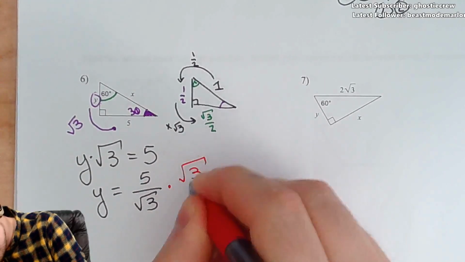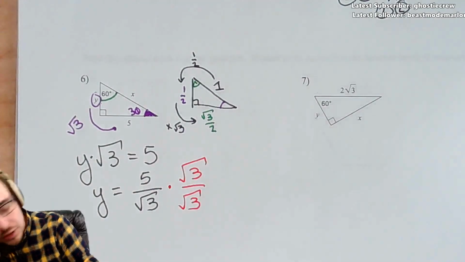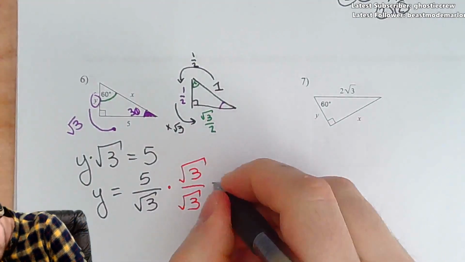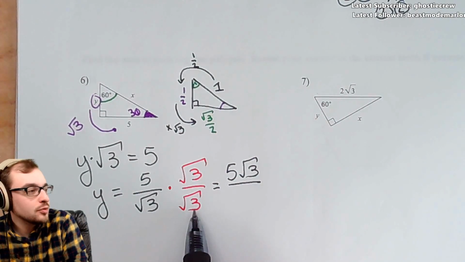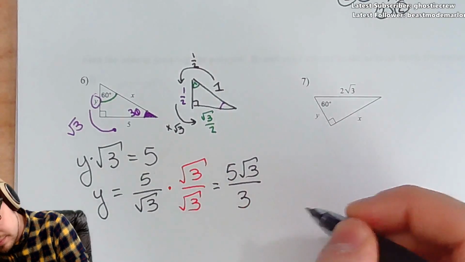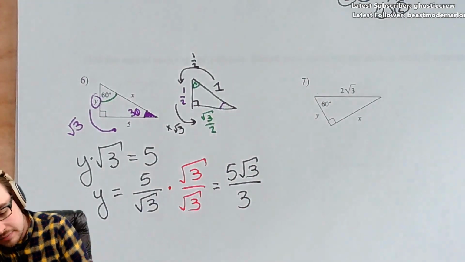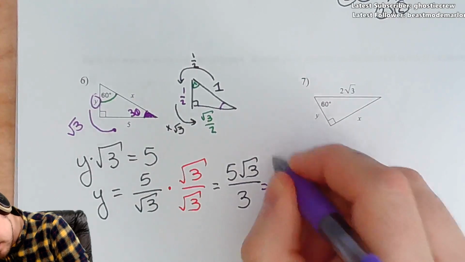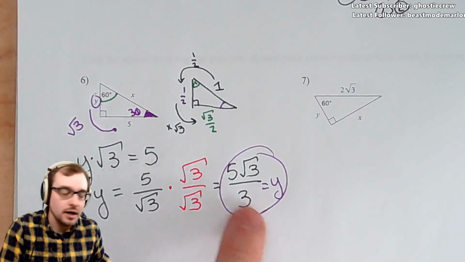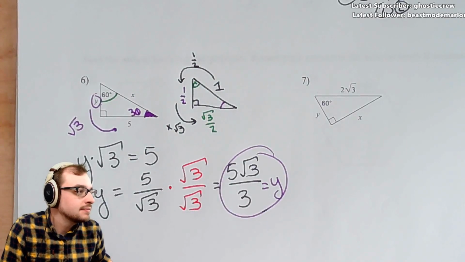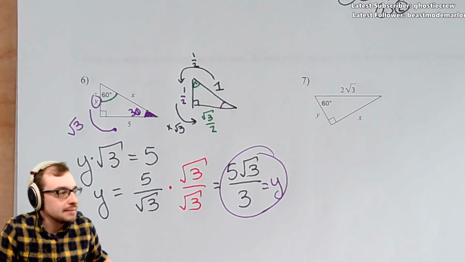So I'm going to multiply by root 3 in the top and the bottom to simplify our answer. We get 5 root 3 in the top. Root 3 times root 3 is root 3 squared, which is just 3. So that's going to be our y. So that's y. It's kind of gross looking, but that's it.